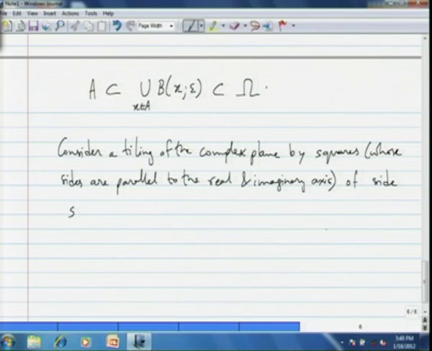The squares have a side length s, which is strictly less than epsilon by square root 2. We will see why this choice is important.